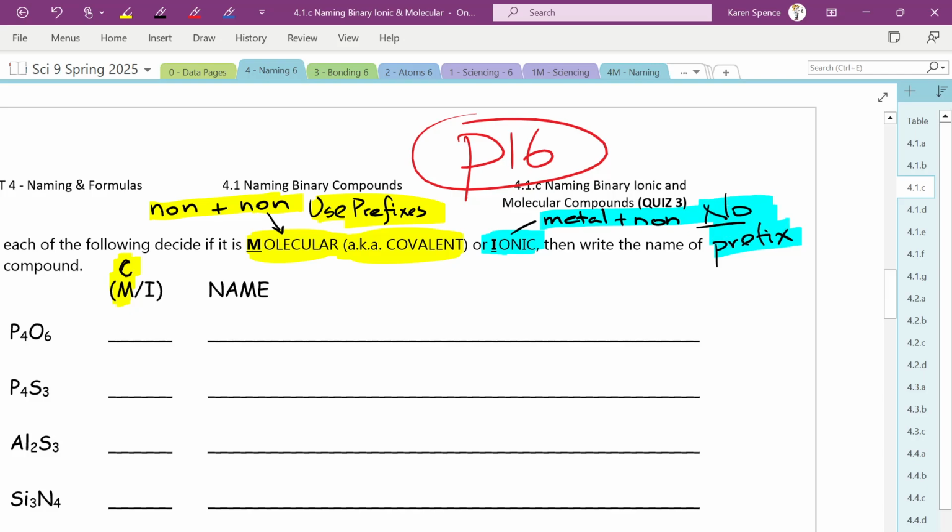So page 16 is a mix. So page 14, these are all covalent. So they will all need prefixes.